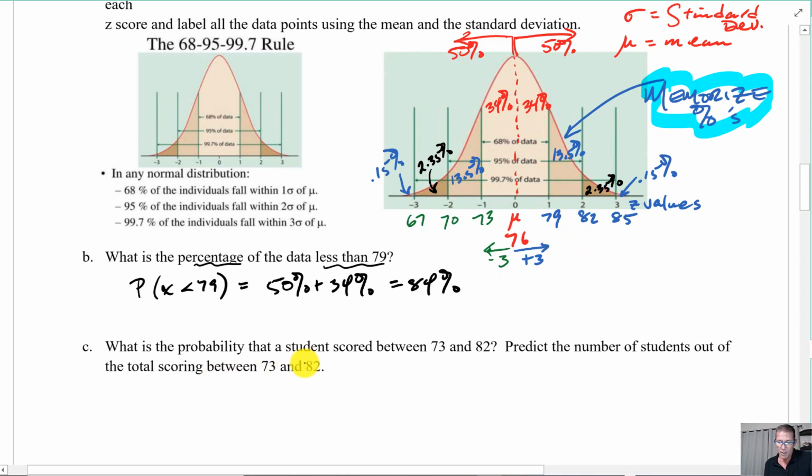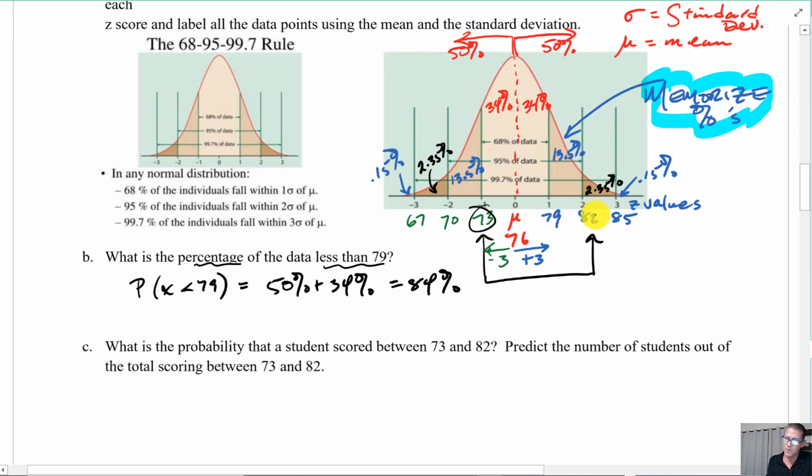Okay, what is the probability that a student scored between 73 and 82? So that's between here and here. What is that percentage? Well, between 73 and 82 lies 34% to the left of the mean, another 34%, plus 13.5%.